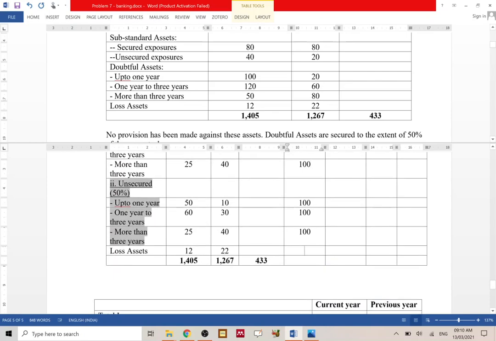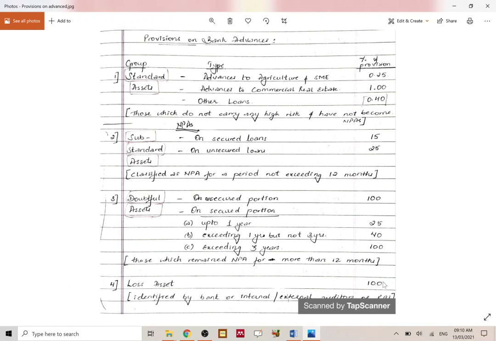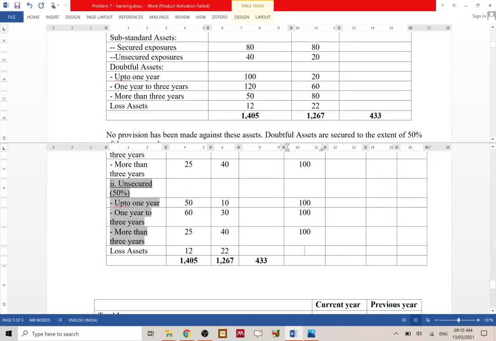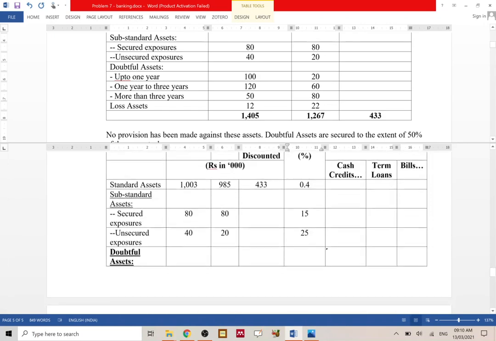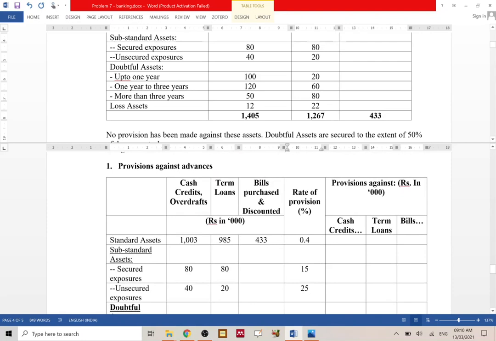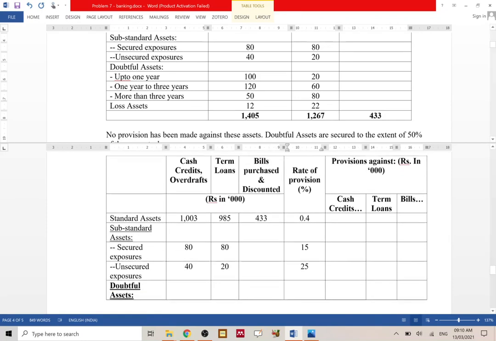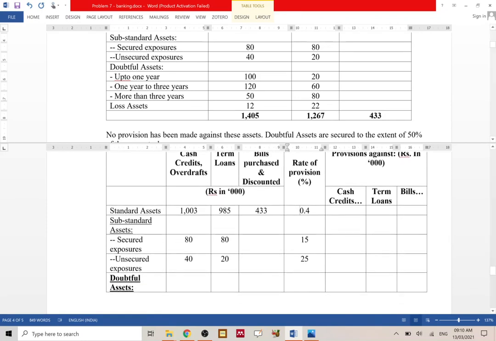And finally, what is the loss assets provision? Always 100%. If it is a loss asset, the provision to be made is a full 100%. So these are only right now the rates of provision. Next, what do we need to do? Apply these rates of provision to the respective types of advances, and write it in these columns.